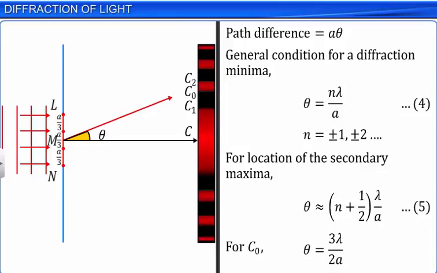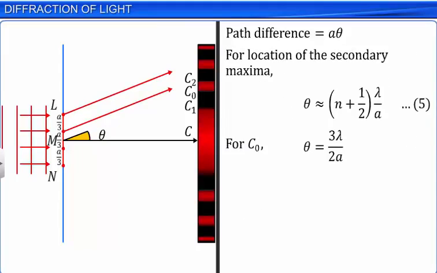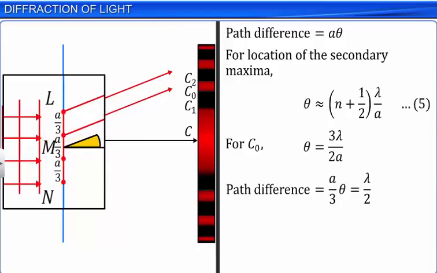Since the width of each part of the slit is a by 3, the path difference between them at C0 is equal to a by 3 into theta, which in turn is equal to lambda by 2. Hence, these 2 waves interfere destructively at C0.